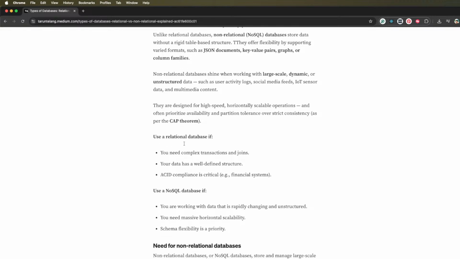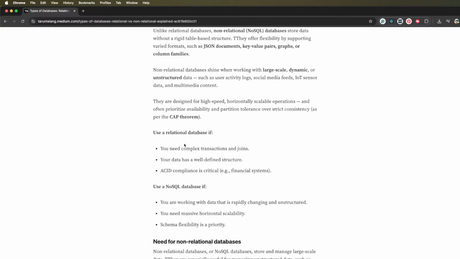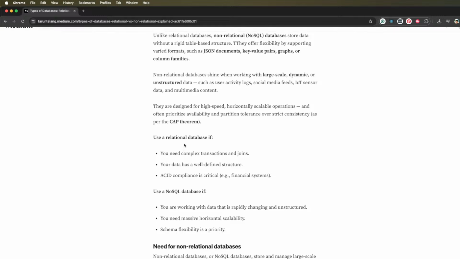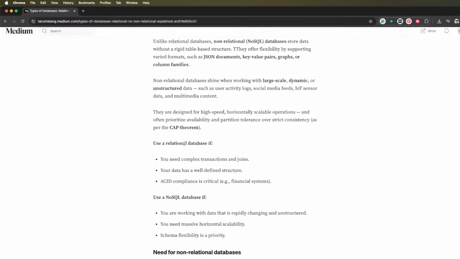The theorem basically says it's really hard, maybe impossible, to simultaneously guarantee perfect consistency across all nodes, availability for reads and writes all the time, and partition tolerance, meaning the system keeps working even if parts of it can't communicate temporarily. So we have to make choices, pick two out of three kind of thing. That's the classic way to think about it, yes. Many NoSQL systems prioritize availability and partition tolerance, sometimes relaxing strong consistency compared to ACID-compliant relational databases.